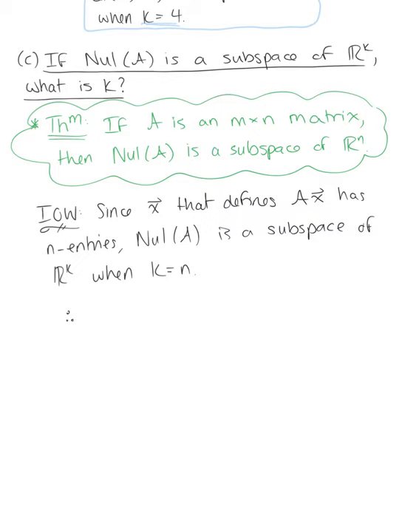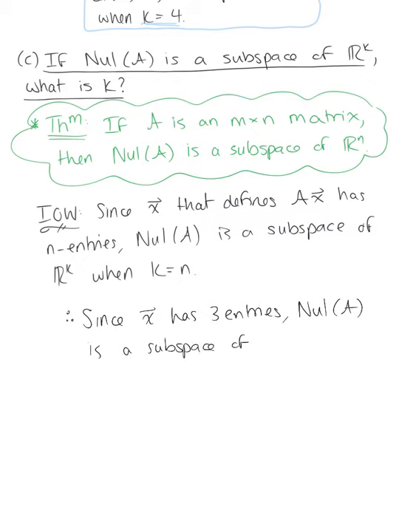Therefore, for this example, we can say since vector x here, which defines the matrix A times vector x, has 3 entries, the null space of matrix A is a subspace of Rk when K is n.